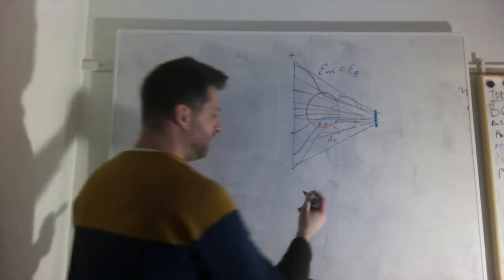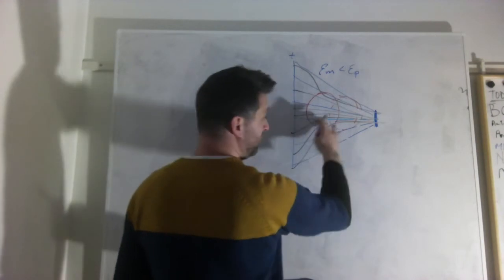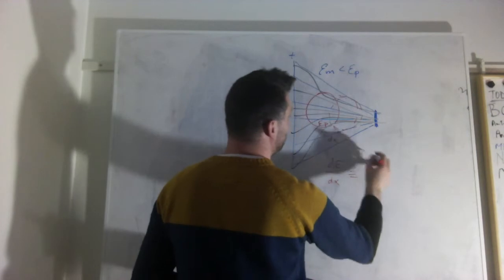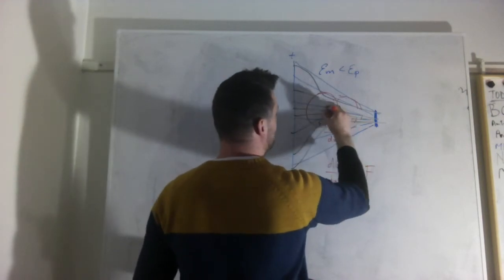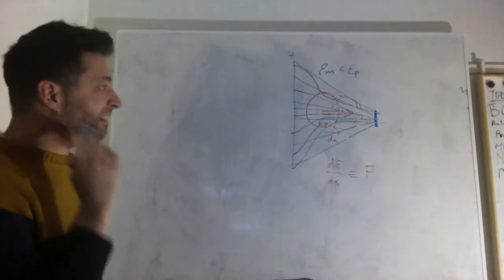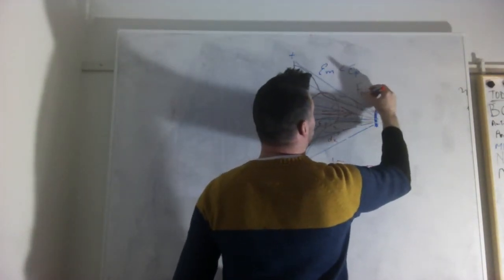So that means I have a change of energy per a change of displacement. That means, per definition, there is a force on the particle. This is from an energy perspective. I can say from a force perspective, and I call this force the dielectrophoretic force.